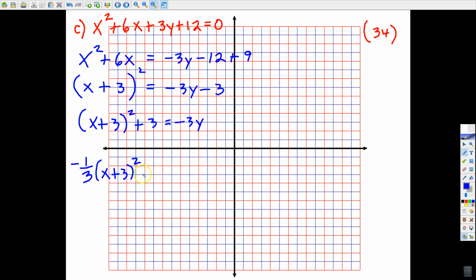And be careful here because you also have to multiply this number not in parentheses by negative 1/3. Now we're ready. What's the vertex? -3, -1. It's in vertex form.